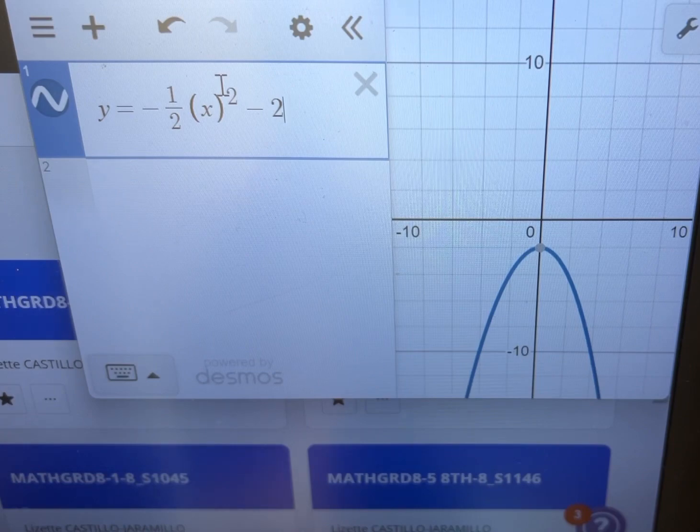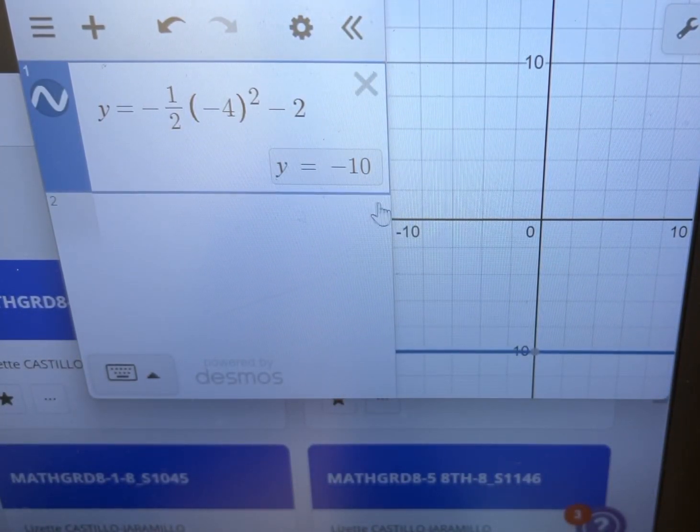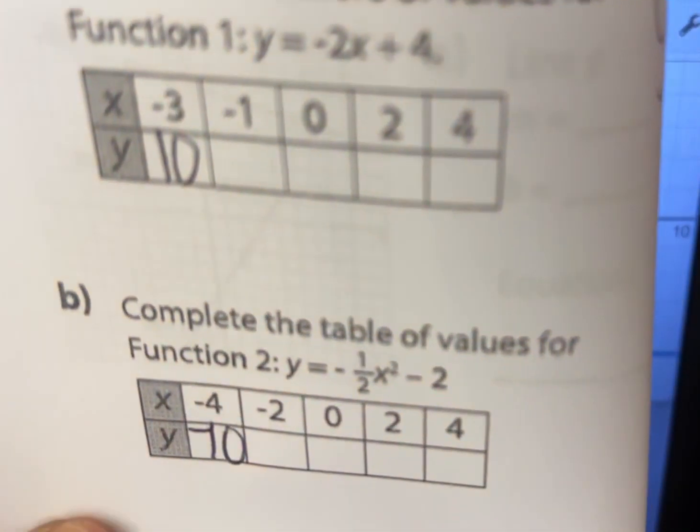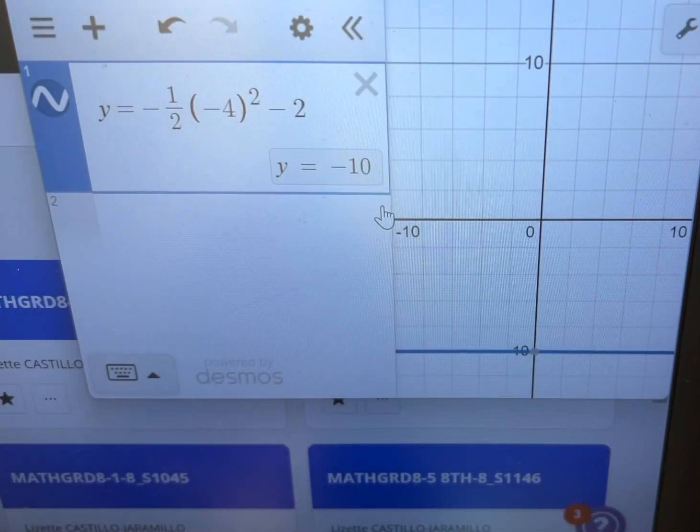Y ese me dice que la ecuación es y es igual a -1 sobre 2x al cuadrado menos 2. Okay, so this x value I'm going to replace with my first x value, which is -4. And what's my y value? -10. So -10 right here. Okay. So I'm going to give you guys a little bit of time to do that by yourself.